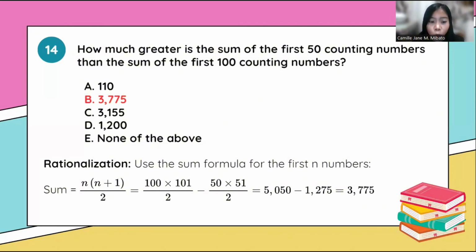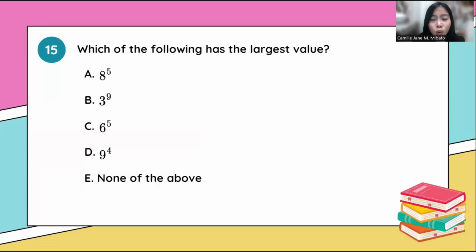So 100 times 101 over 2 is equal to 5,050, minus 50 times 51 over 2, which is equal to 1,275. Then subtract them. So we have 5,050 minus 1,275 is equal to 3,775. So that's why it's letter B, 3,775.